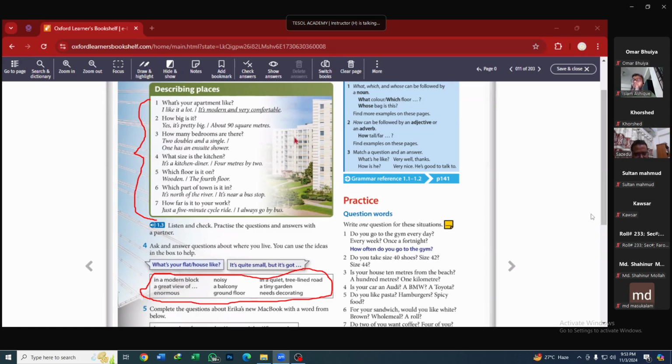How many bedrooms are there? 3 bedrooms. Okay. What size is the kitchen? Around 10 by 12 square feet. Okay. Which floor is it on? It's on the fifth floor. Good. Which part of town is it in?